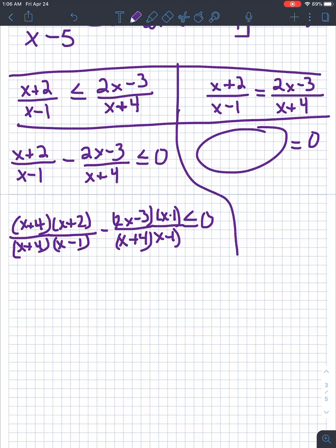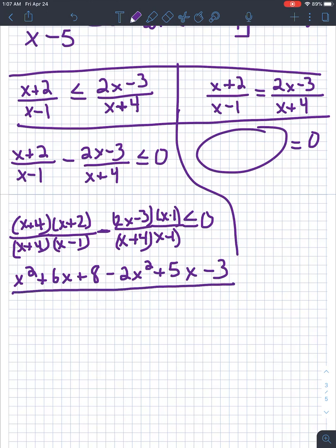And so this is going to be x squared plus 6x plus 8 minus 2x squared. This is going to be minus 2x minus 6, so minus 5x, but it's minus all of that, so it's going to be plus 5x. And you got plus 3, so it's going to be minus 3.